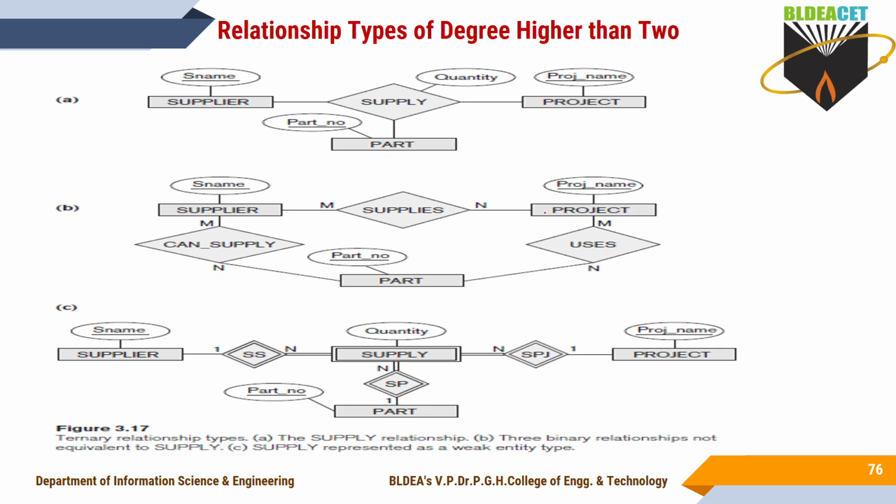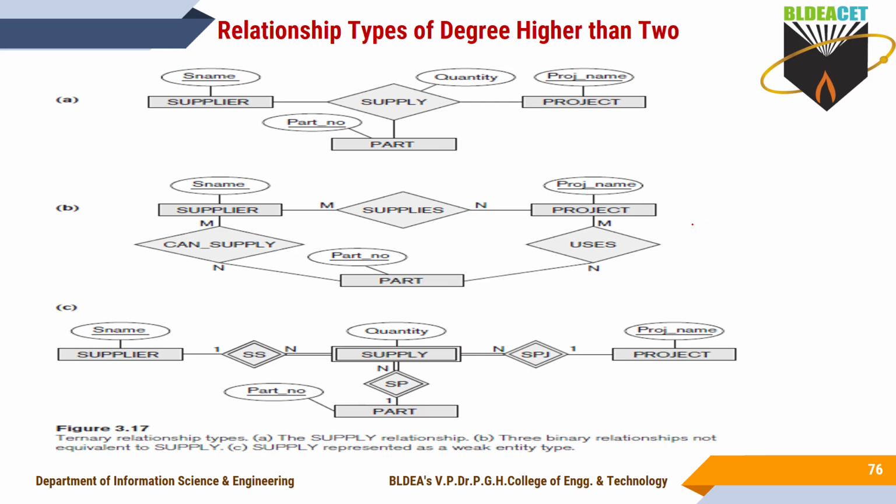A supplier may supply more than one part to a project, and the same project may contain parts supplied by multiple suppliers. The same supplier can supply more than one part, the same part can come from different suppliers, and those parts are used by the project. A project may contain multiple parts, and a part may be supplied to multiple projects.